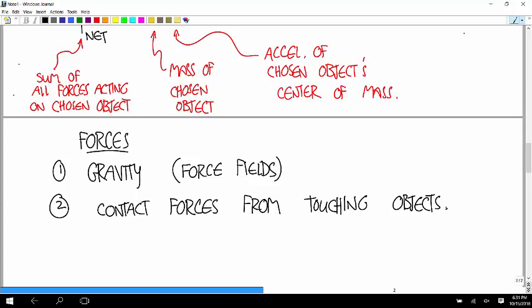And once you've accounted for all those contact forces, you're done. So it's a nice centering technique, a nice way to break the problem down into a systematic approach to going through all the forces.